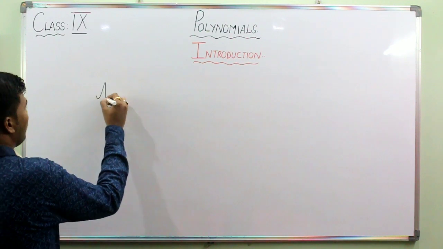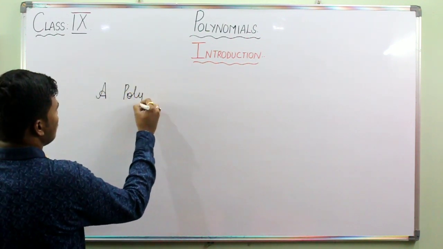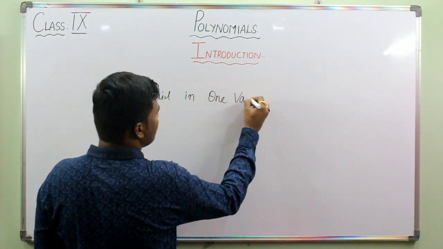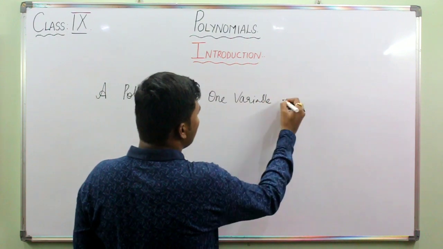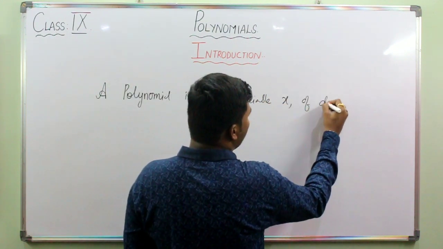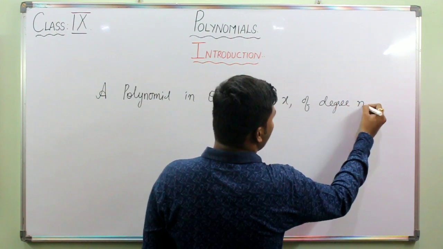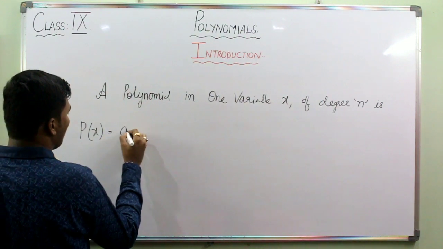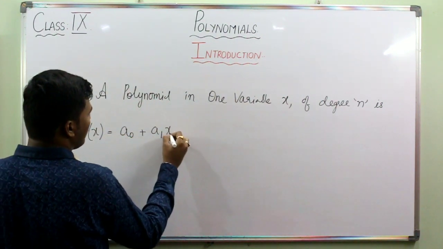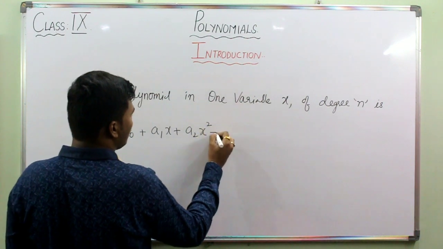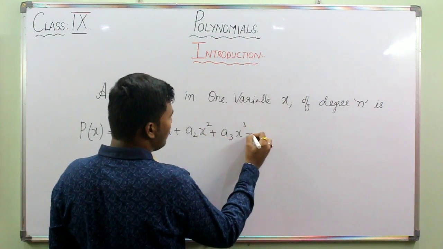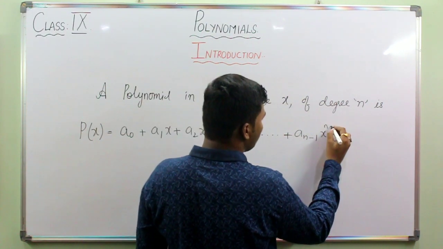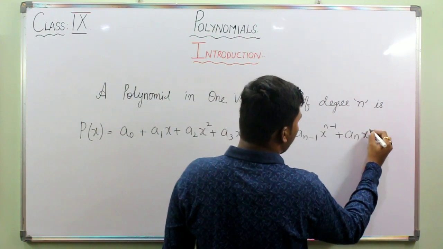Now a polynomial in one variable x of degree n is given by p of x equals a naught plus a1x plus a2x square plus a3x cube and so on, up to a n minus 1 x to the power of n minus 1 plus a n x to the power of n.